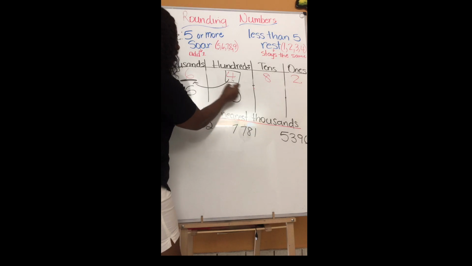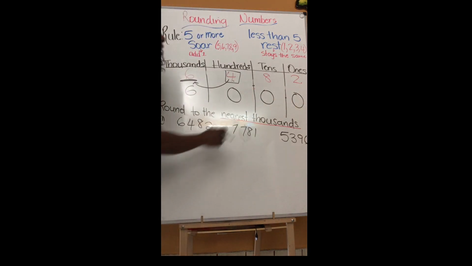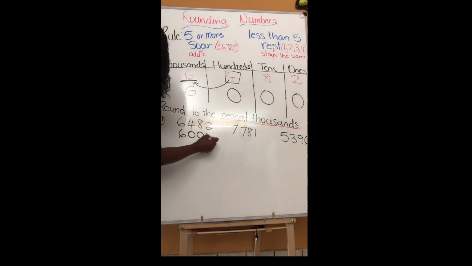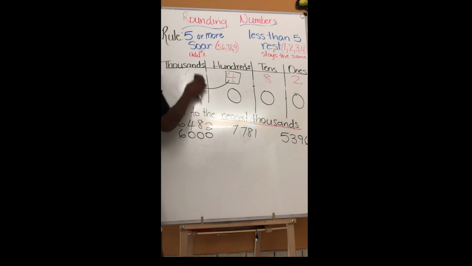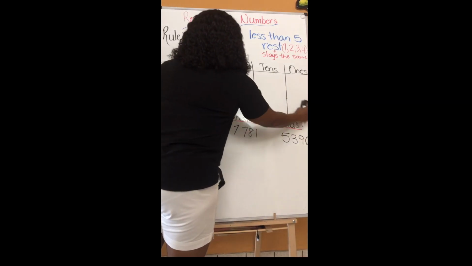The boss changes to 0, and remember, everything to the right of the boss also changes to 0. So 6,482 becomes 6,000. Notice that? 6,000. Rounded to the nearest thousand, 6,000. All right. Both of us are talking.